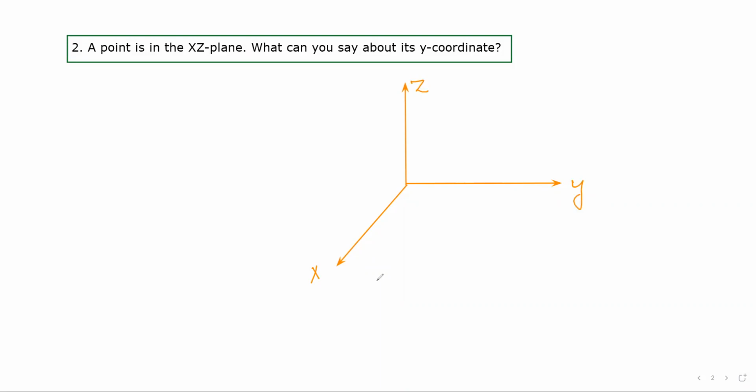If you have a plane over here, this is your xz plane. This can be considered as your xz plane.